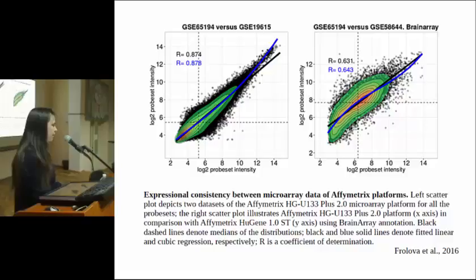And on this plot, we compared microarrays of an older version of the chip and a newer version. We can see that the correlation is not so good. In this case, the data comes from different biological samples. But even so, we have a very good correlation.